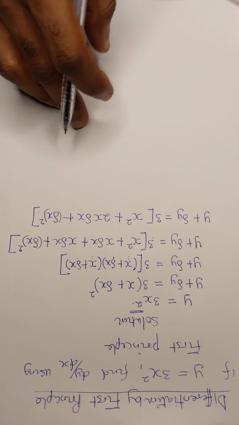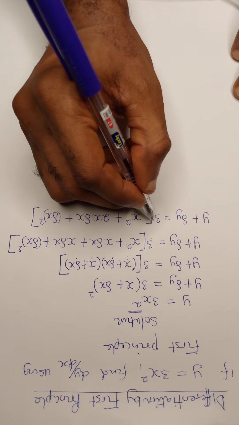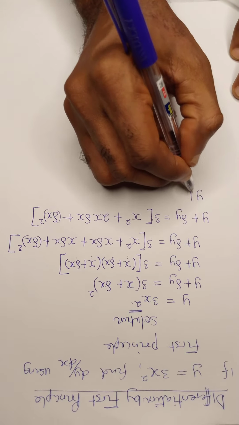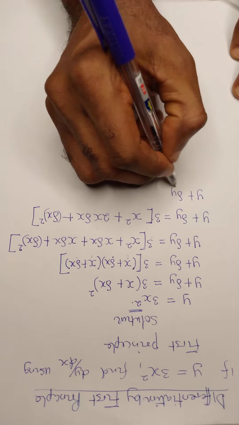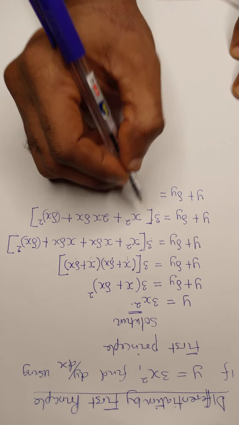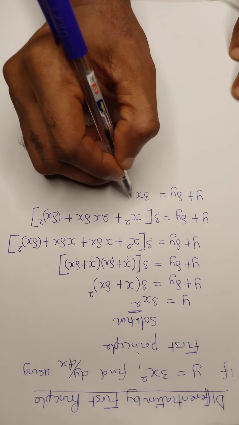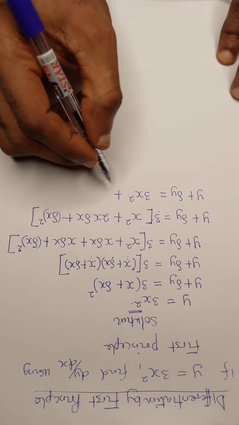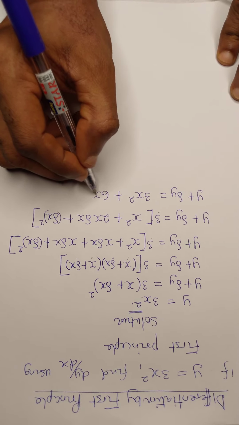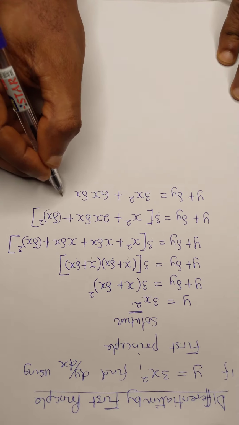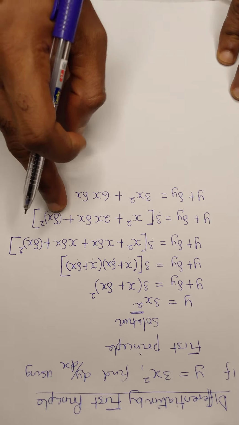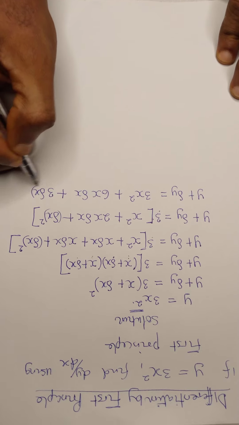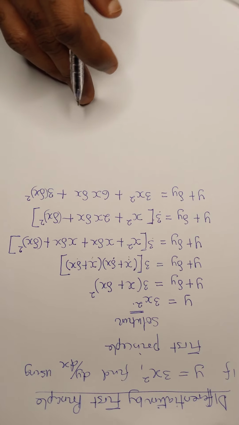Having done this, we can now use this 3 to open this bracket. So we are going to have y plus change in y equals 3 times x squared will give us 3x squared, plus 3 times 2x dx will give us 6x dx, plus 3 times dx all squared will give us 3 dx all squared.